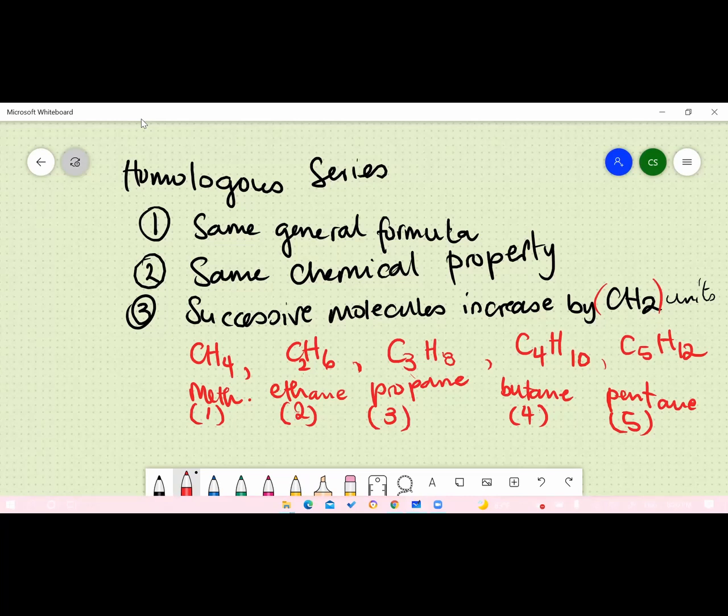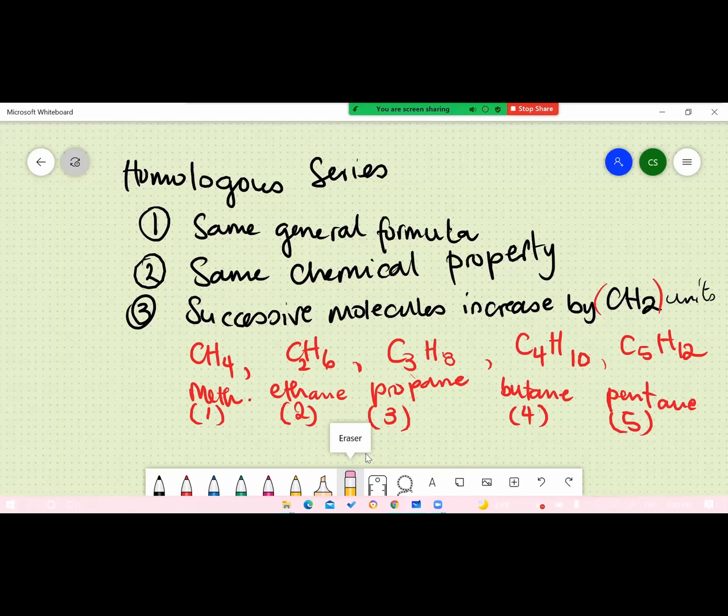As the chain gets longer, the compound gets denser, changing state from gas to liquid to solid. A gas is less dense than a liquid.